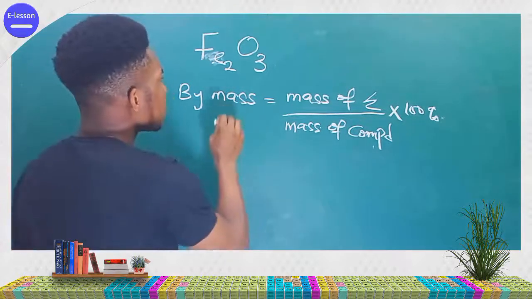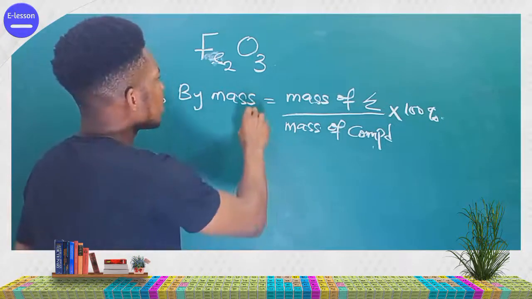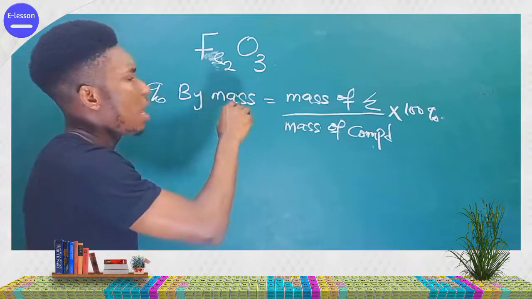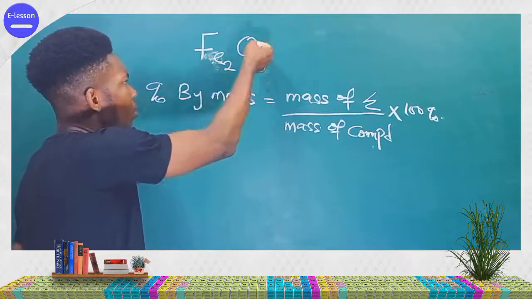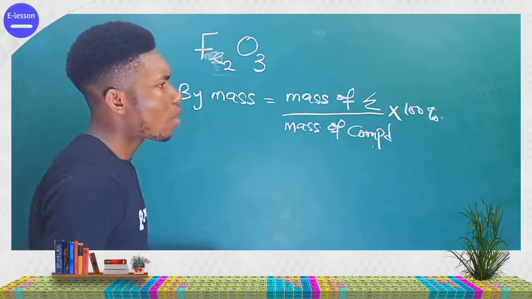So to calculate the percentage by mass of hematite, what we do is calculate the mass of iron in this compound and then calculate the mass of the entire compound.